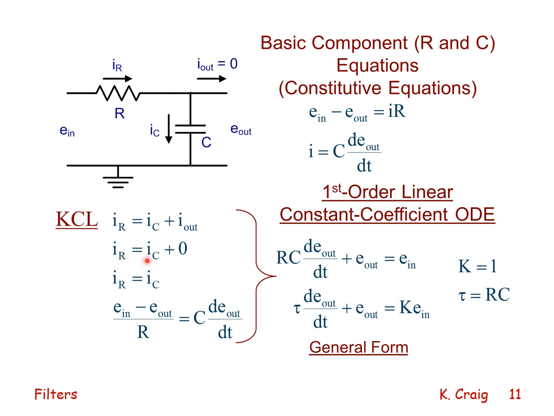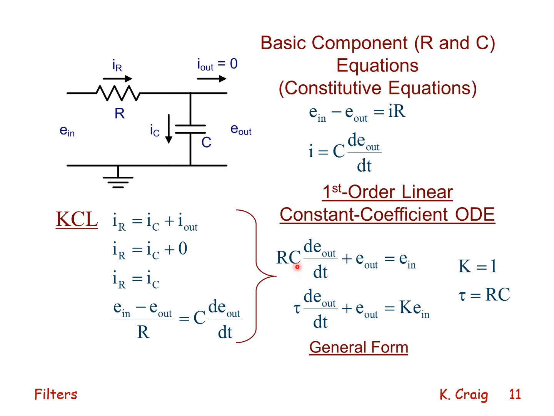So I sub R equals I sub C. I sub R we know is E in minus E out over R. I sub C is equal to C times the time rate of change of the voltage across the capacitor, which is E out. If I combine these, I get what we identify as a first order, linear, constant coefficient, ordinary differential equation.